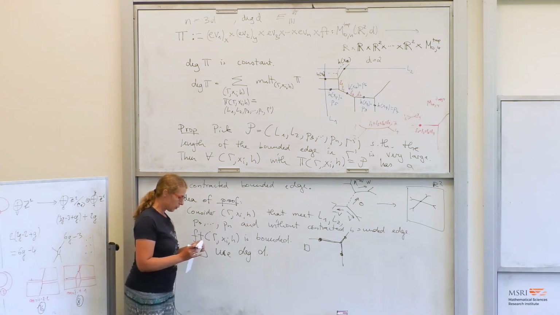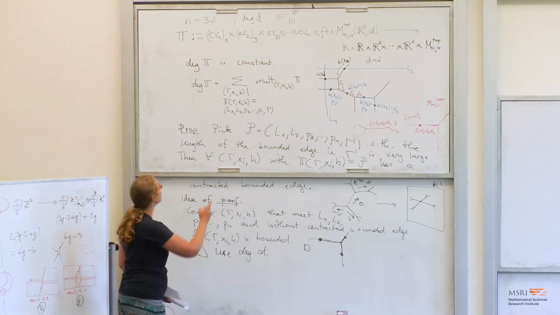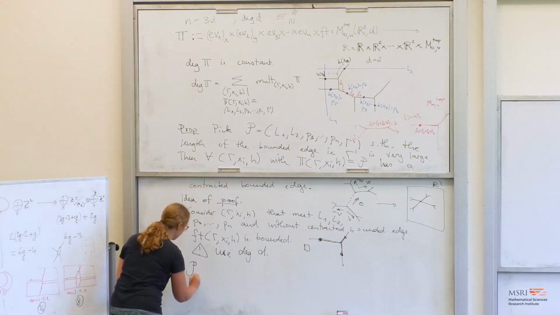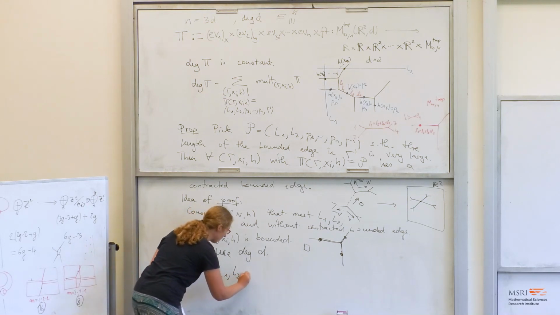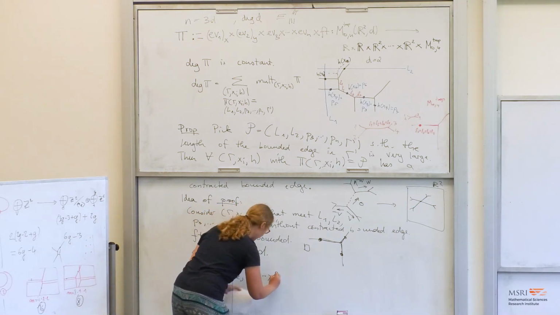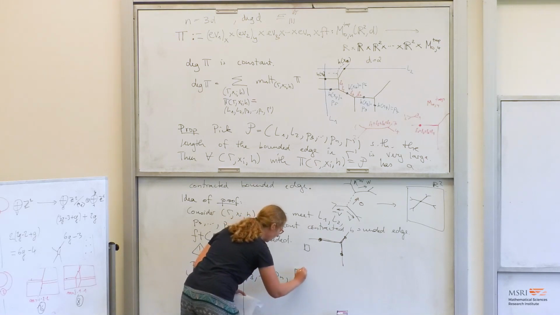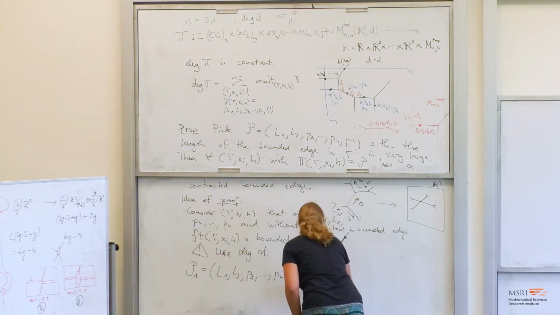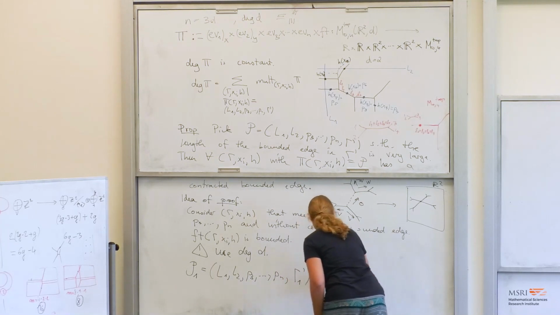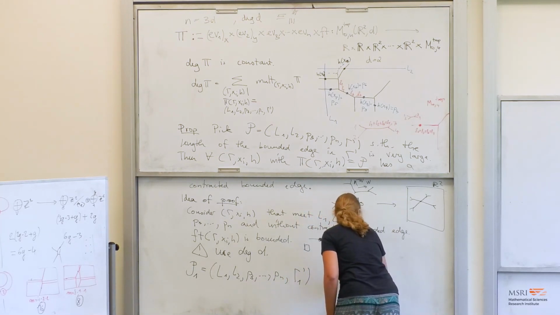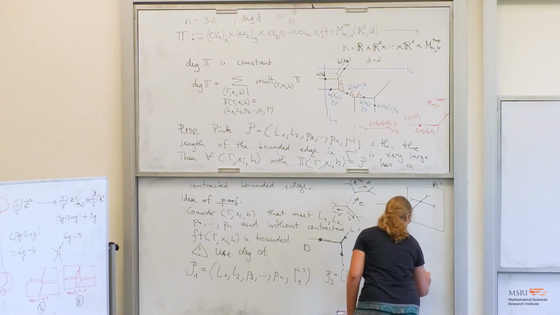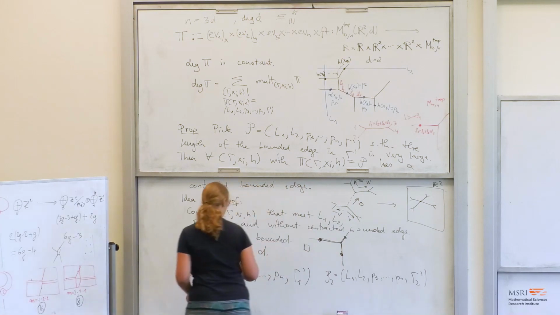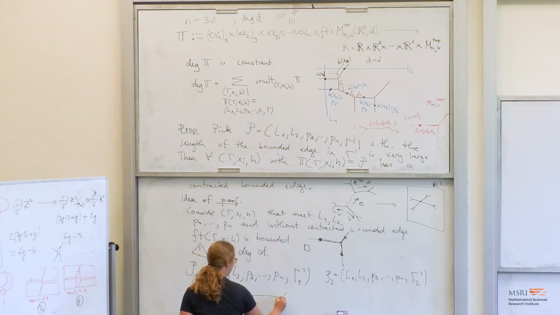Okay, and then what we're going to do is we pick two point conditions with such a very long edge. We say P1 consists of two lines, L1 and L2, P3 up to Pn, and gamma 1 prime. And P2 has the same L1 and L2, P3 up to Pn, and gamma 2 prime. And gamma 1 prime, I want to be the curve that separates 1, 2, 3, and 4.